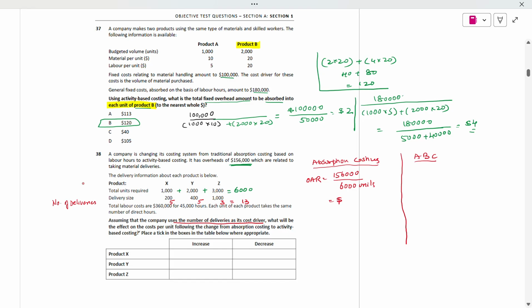How much? It's 26 units, and then we multiply it by the number of deliveries, which you have calculated, 1,000 divided by 200, which is 5 for X. So 26 multiplied by 5.